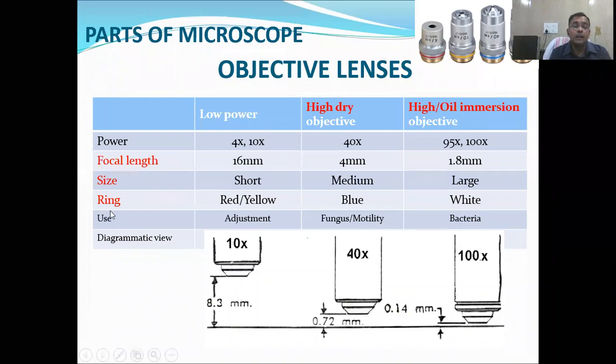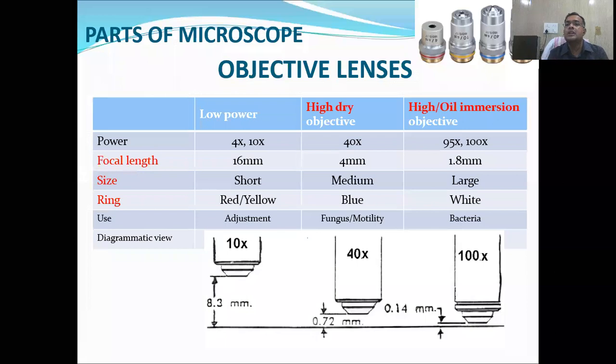Now the ring: what I mean to say is that generally this is color coded. I have kept the photograph. If you can see, a 4x has a red ring, so this is a color coding. Color coding makes it easy to know the power of that particular lens.